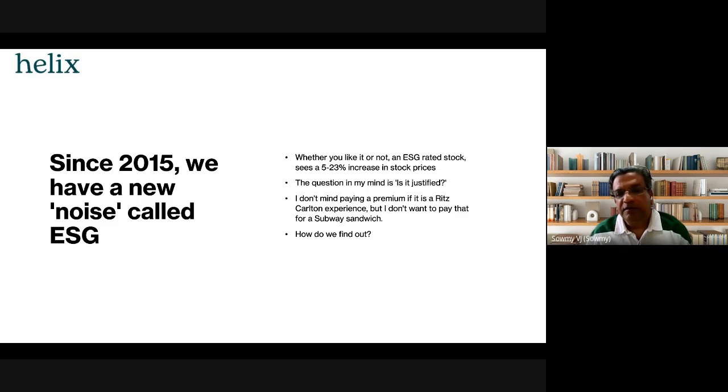Now going into ESG. The reason we are looking at it is that since about 2015, a number of listed stocks started getting what they call an ESG rating. Funny thing is, the ESG rating mechanism is not very dissimilar to a credit rating, but the credit rating is based on hard fundamentals, while the ESG rating is based on narratives.